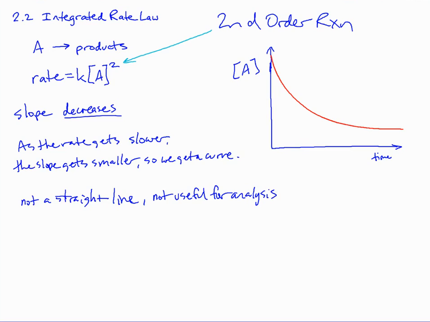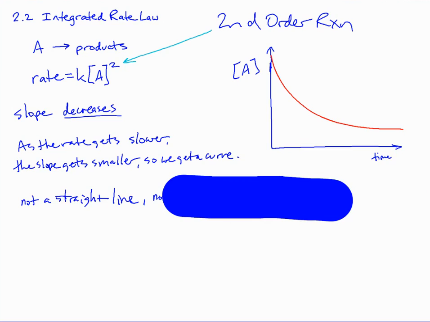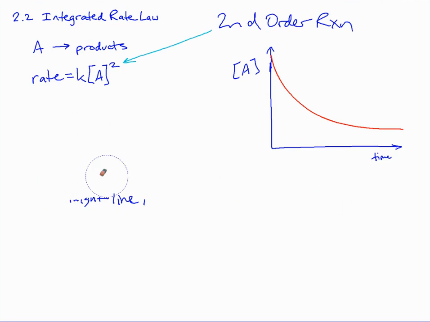But we can alter our data, or not alter it so much as just use our numbers differently. Instead of the graph of the concentration of A, we can use 1 over the concentration of A versus time.